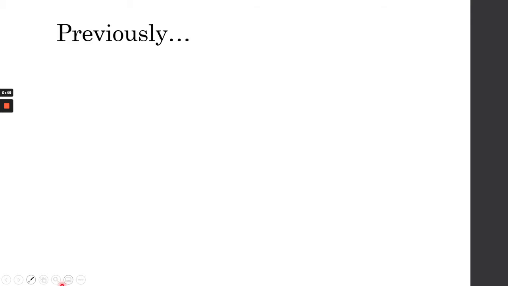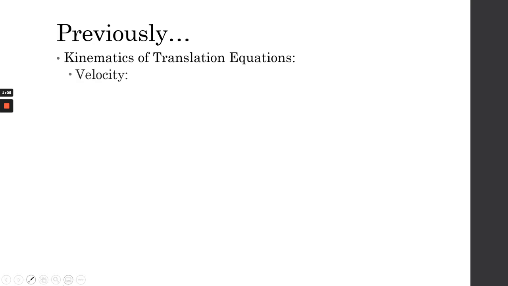But before we start, let's remind ourselves of the equations that we previously derived from lessons 3.1 and 3.2. They're all kinematics of translation equations. One is velocity. Velocity is basically the distance or the displacement traveled over time.